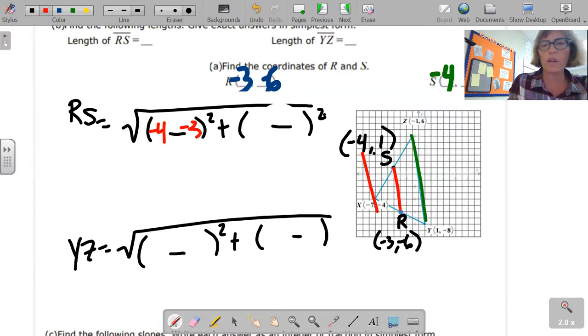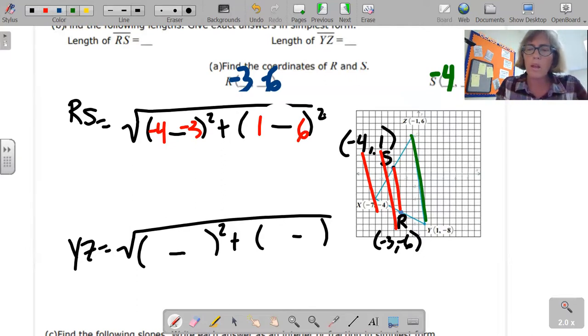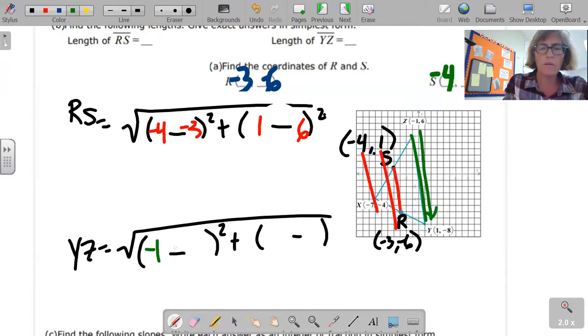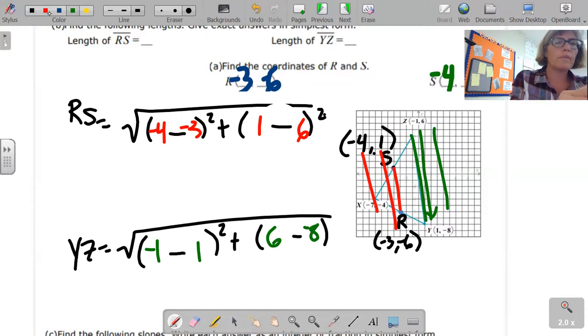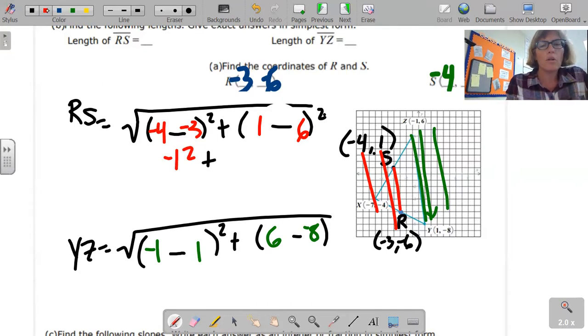-4, -3. Notice I'm using arrows to keep track of my direction so I don't make a mistake. You don't want to make a mistake here because then you have to redo the entire problem. And double negative makes a positive here, so that's -4 plus 3, that's -1 squared, plus, and then here we have 1 minus 6.